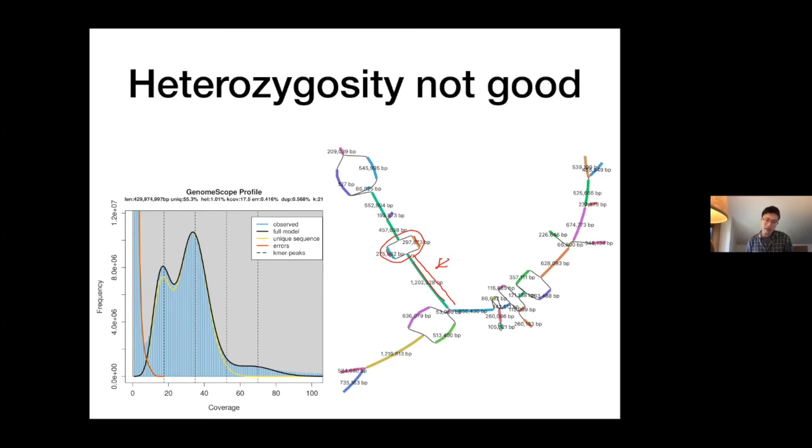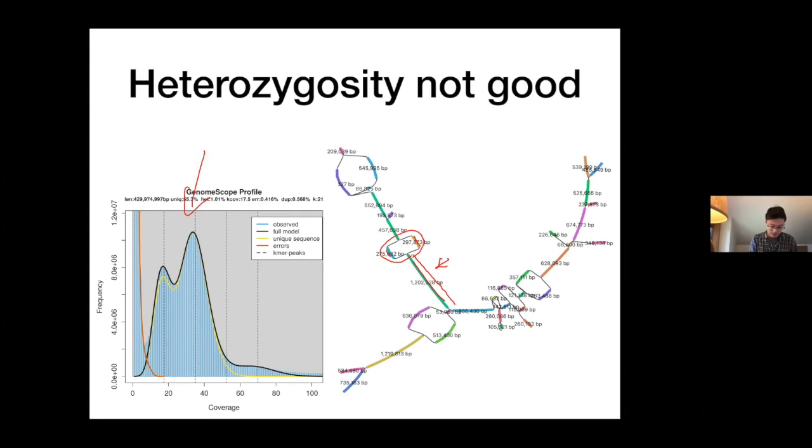You can gauge the level of heterozygosity by doing a k-mer plot as well. You can imagine if you have heterozygous sites, they will receive half the coverage of the homozygous sites. So this is a classic heterozygous k-mer plot. This is from a beech that Susie and we sequenced.